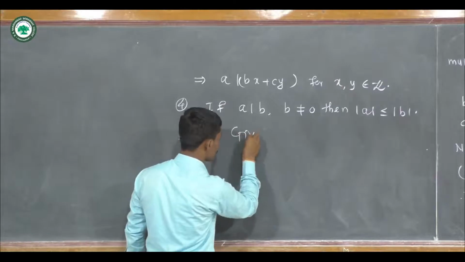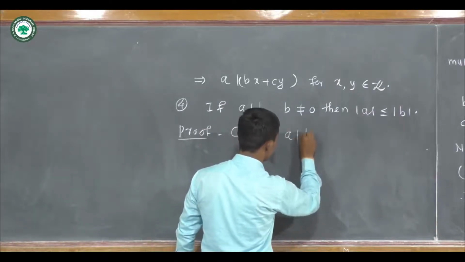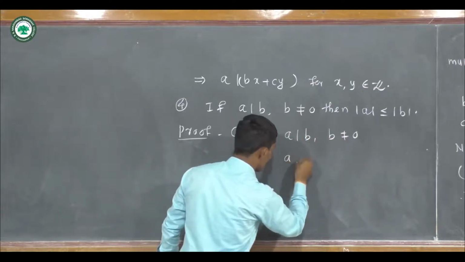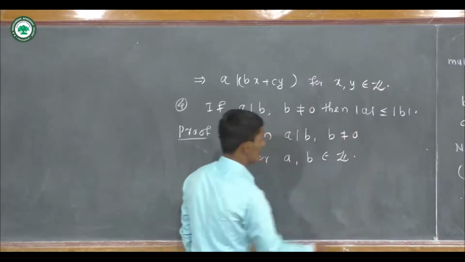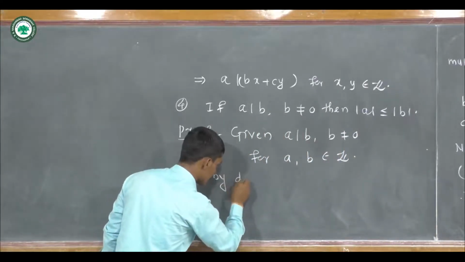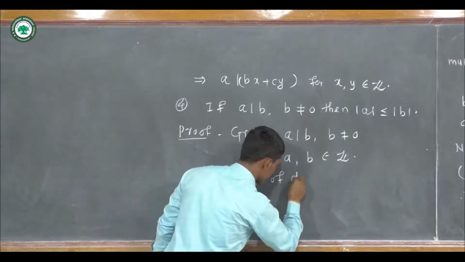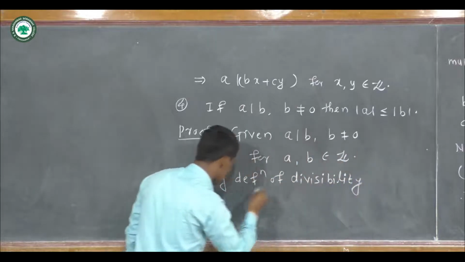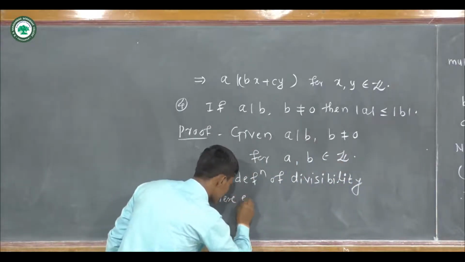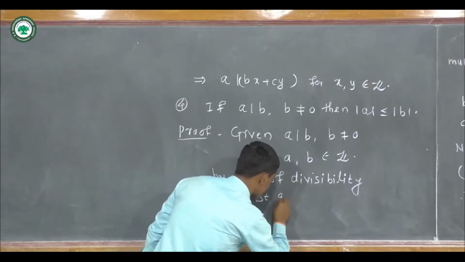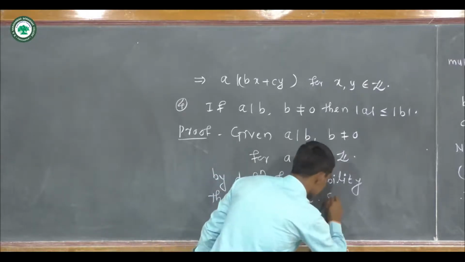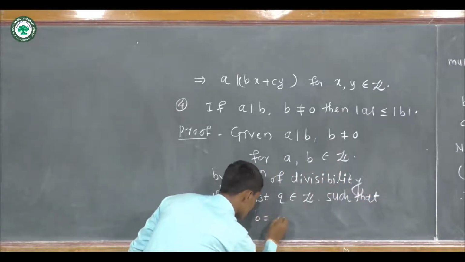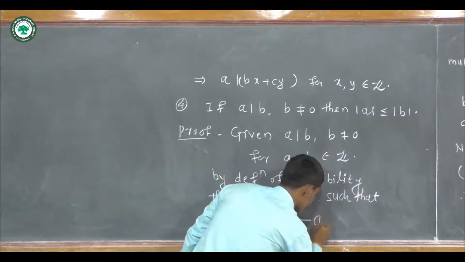Given a divides b and b is not equal to 0 for small a and small b belongs to z. Now by definition of divisibility, there exists, say, q belongs to z such that b is equal to a into q. Say equation number 1.